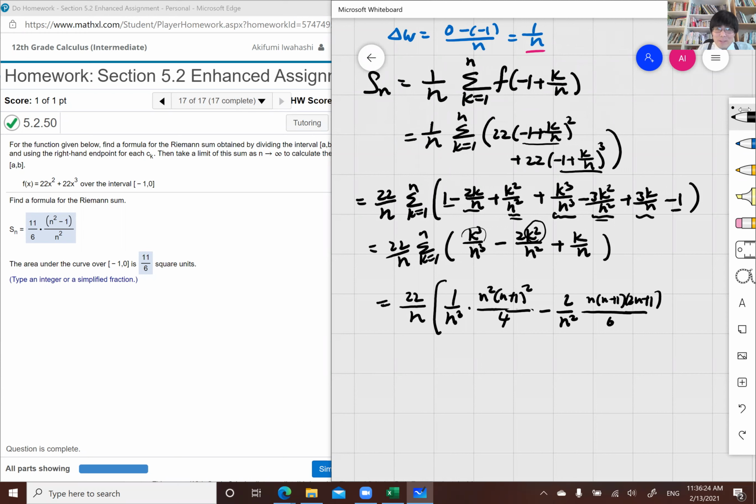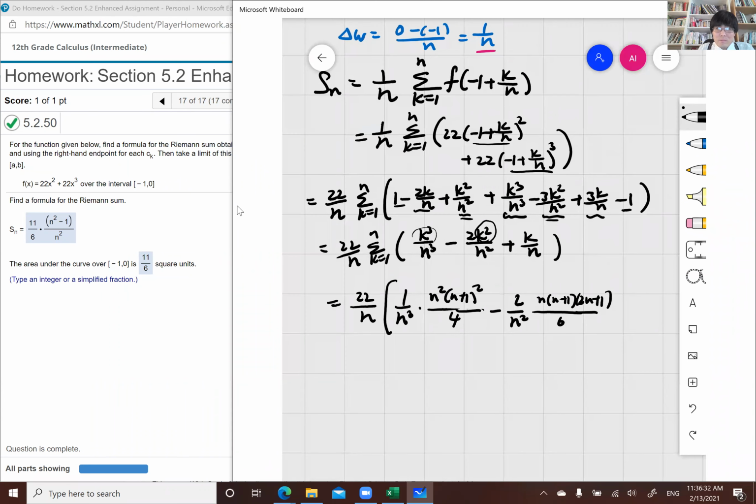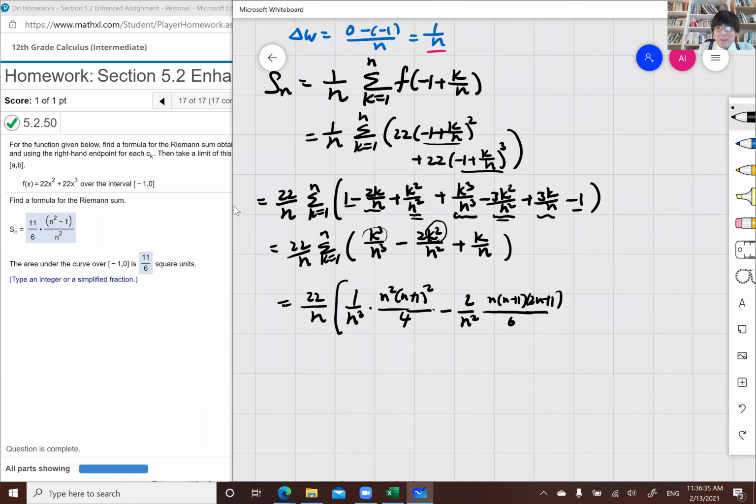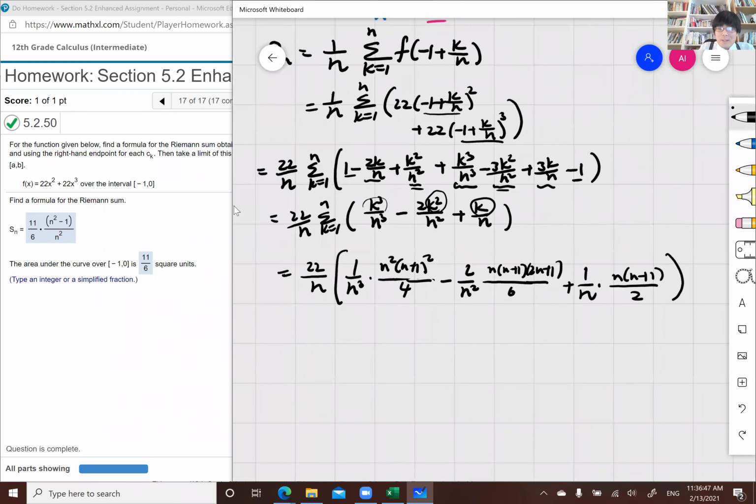Oh, I need more space. And thirdly, the sum of the linear term, 1 plus 2 plus 3 plus up to n, is n times n plus 1 over 2. Now we can simplify a little bit.